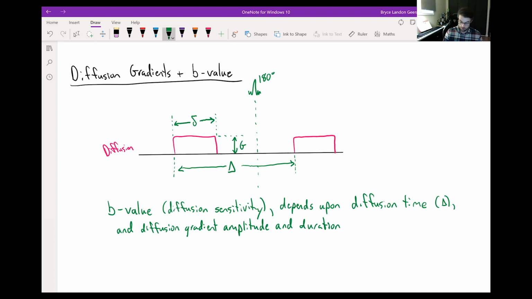Oh, sorry, I should have added a G here to be consistent. And then this is our small delta.